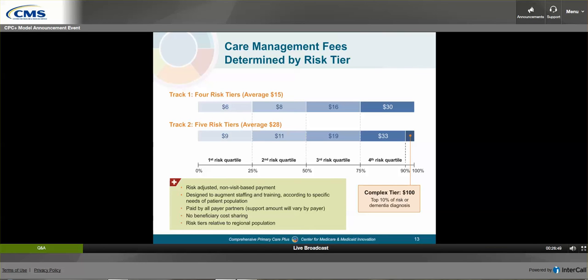The $28 average includes the top $100 PBPM tier for the patients with the highest risk and certain dementia diagnoses. Payer alignment on this non-visit-based financial support is expected to be similar, but again, does not need to be identical. Payers can use their own attribution and payment per tier. Practices will use the care management fees from both CMS and other payers to direct care management to patients based on clinical need and patient preference.